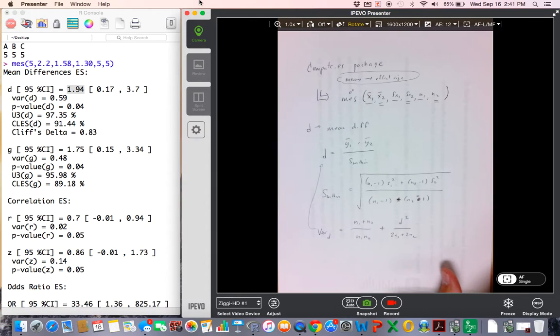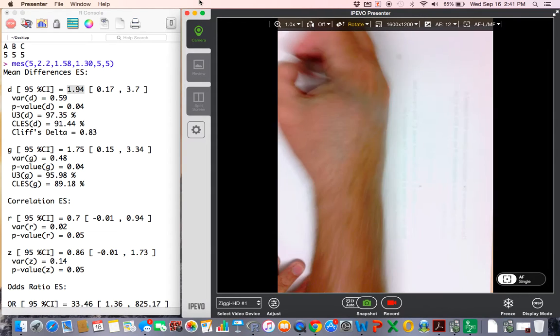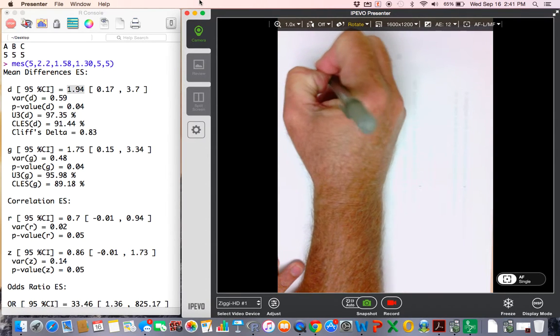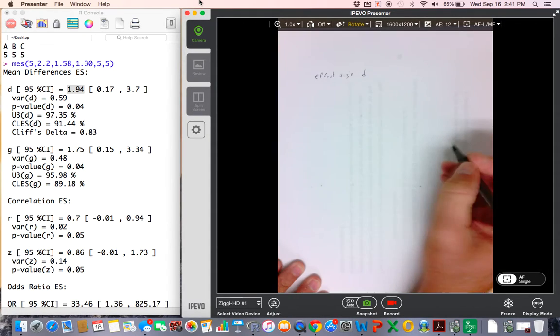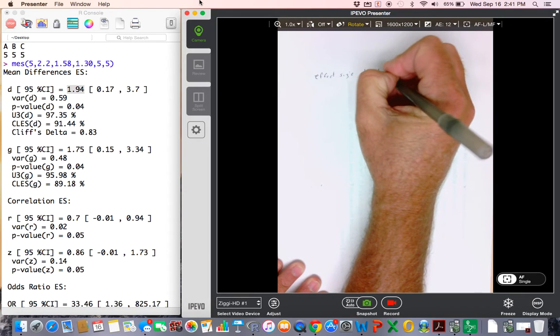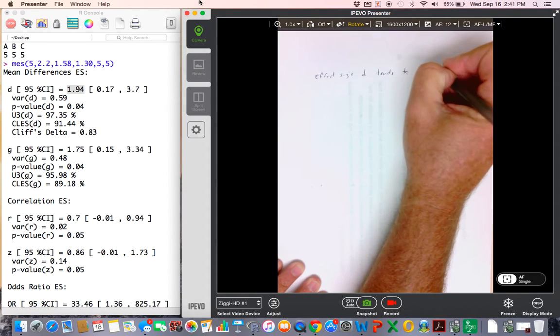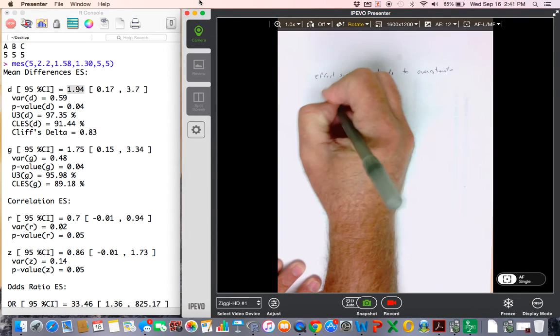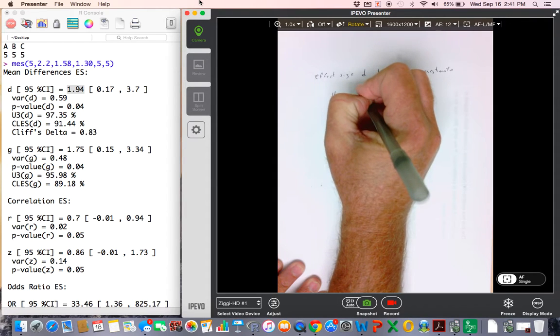Now, what happens, kind of interestingly, is this effect size D tends to overestimate the population parameter.